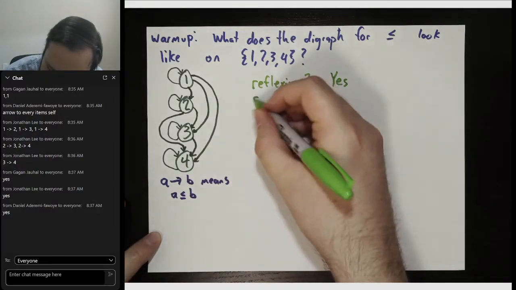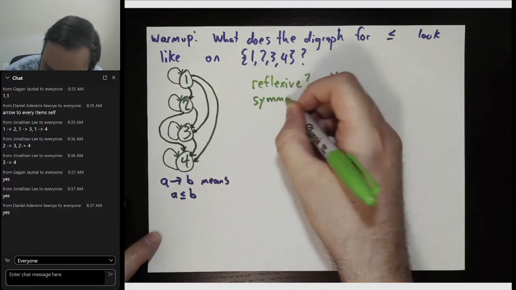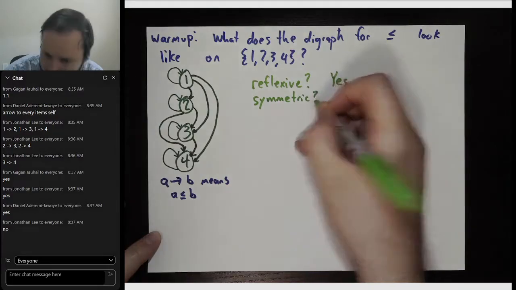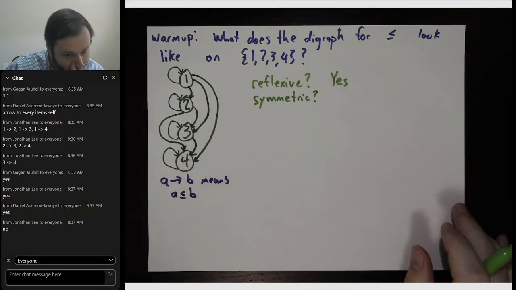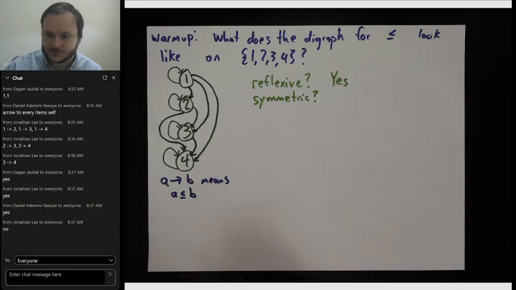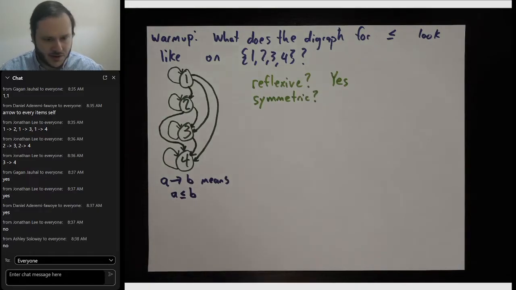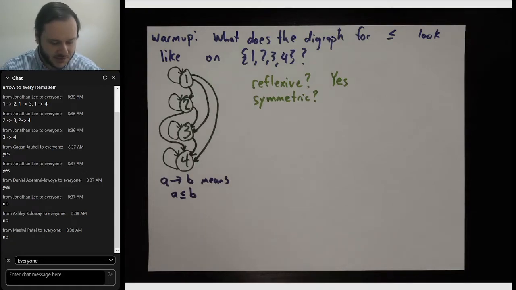Are we symmetric? One yes, many no's. Okay, good. Why are we not symmetric?